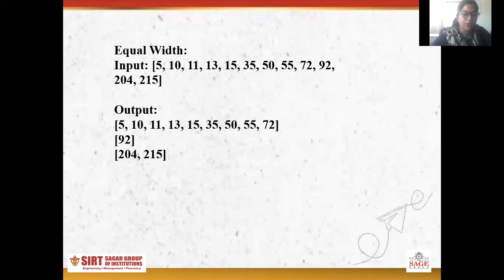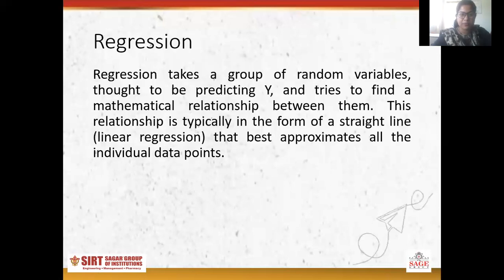The remaining numbers will be in the last bin because we have only 3 bins. So 204 and 215 will be in the last bin.